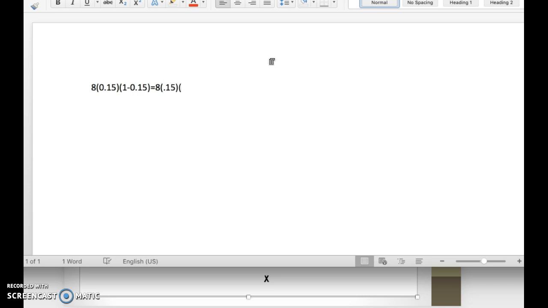Our 1 minus p, you can think about that as the probability of failure. So then when I calculate this, I believe we get 1.02. So just stick it into your calculator.